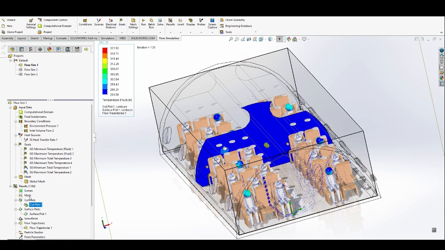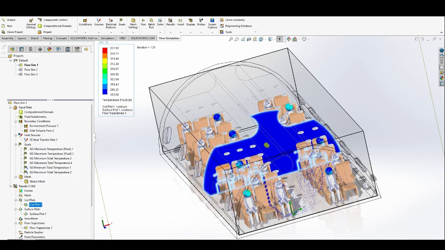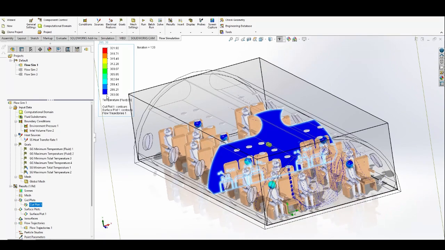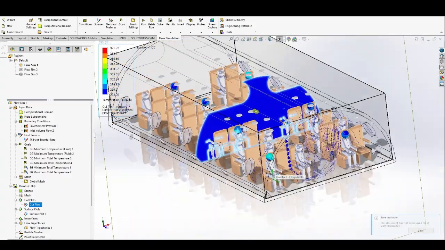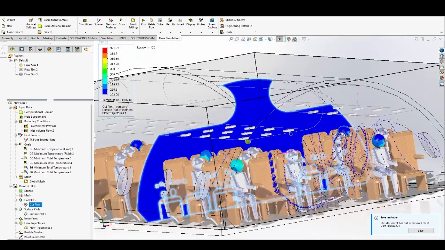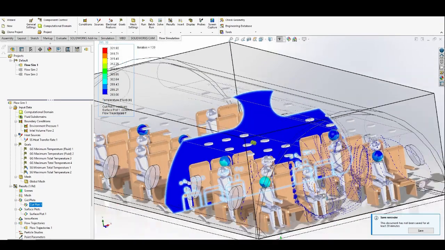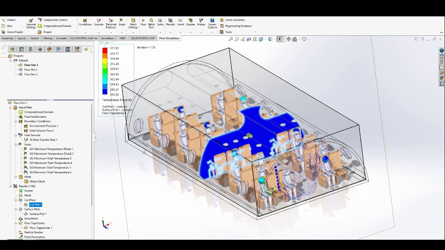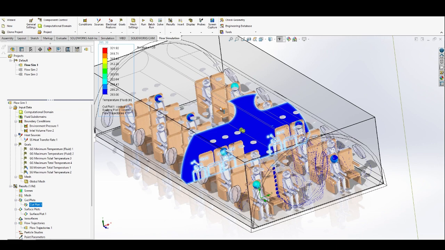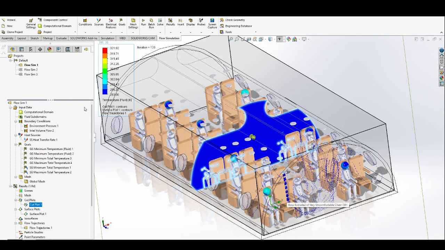The temperature of the passengers is really cold. If this is their body temperature, they'd be hypothermic, which we don't want. Then as you can see from this flow, it's really strong, unrealistic, it's flowing everywhere, and it's not efficient, and it's actually just keeping the cabin really cold and unrealistic.